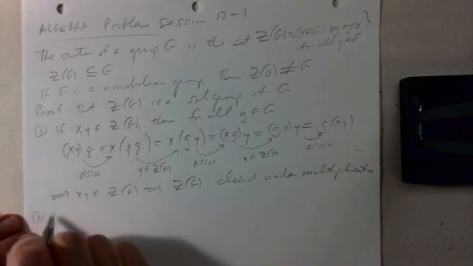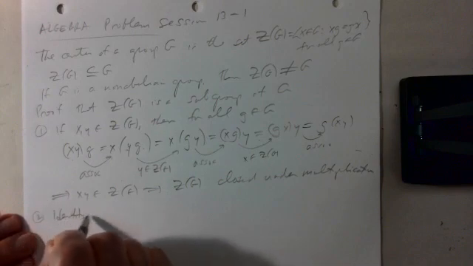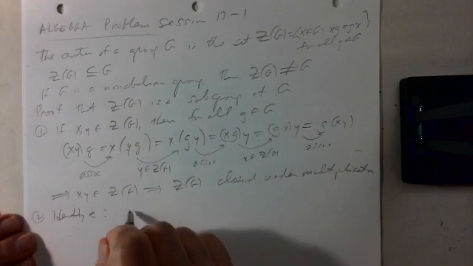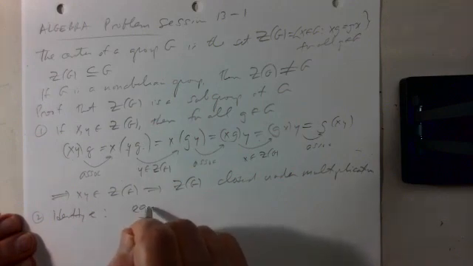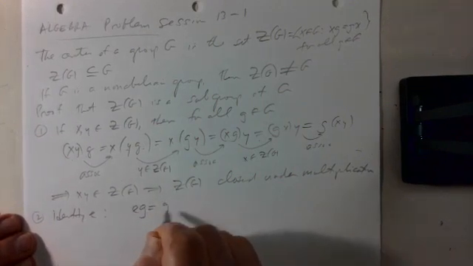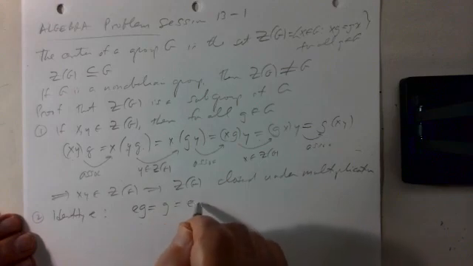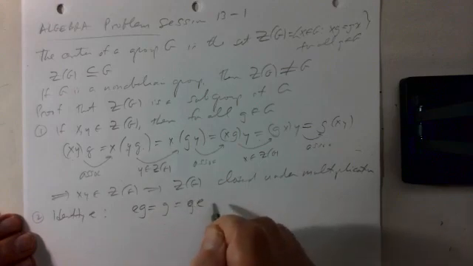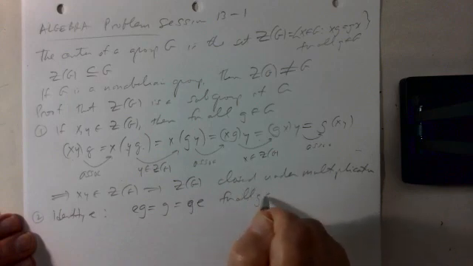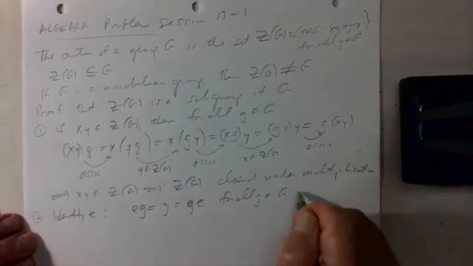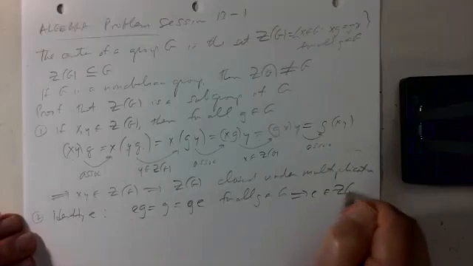Second, if you take the identity element E, E times G is G, which is the same as G times E for all G in the group. That's the meaning of an identity. So the identity is in the center.